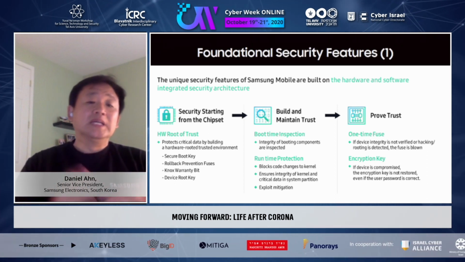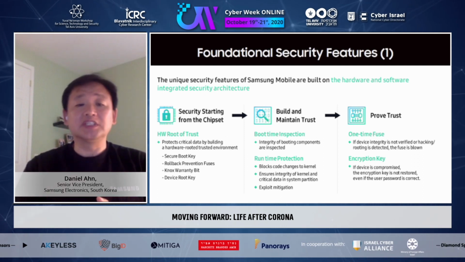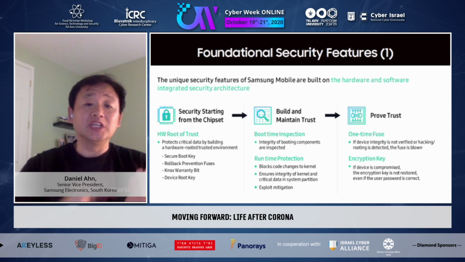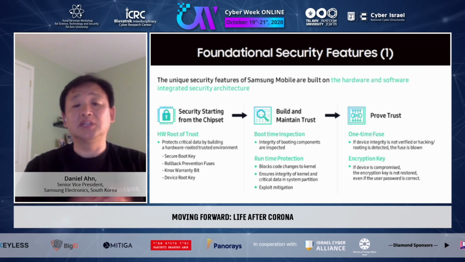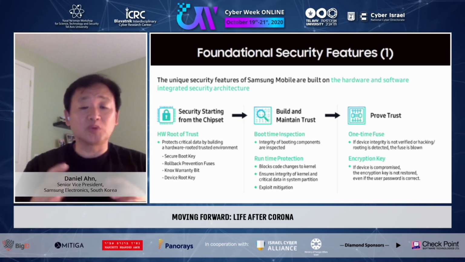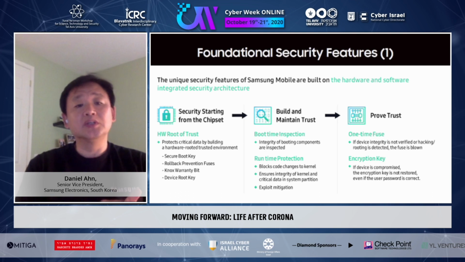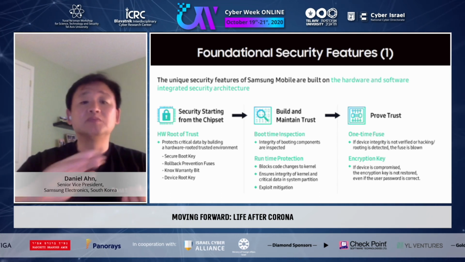So one of the best practices to build trust is a hardware root of trust embedded on your devices. In other words, security starting from the chipset. So all important critical credentials and keys will be protected by the chipset. So eventually we can provide this fundamental root of trust from your device.